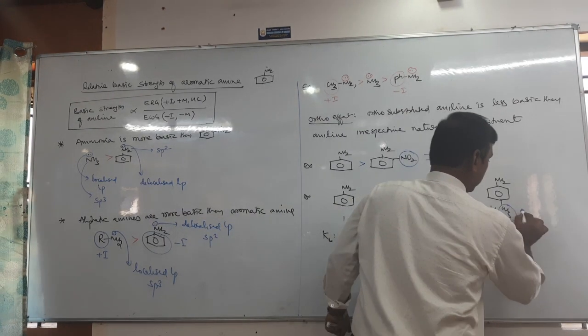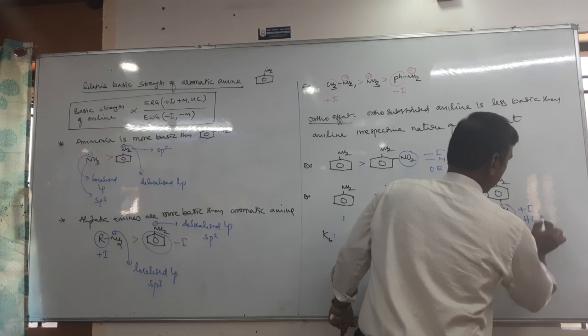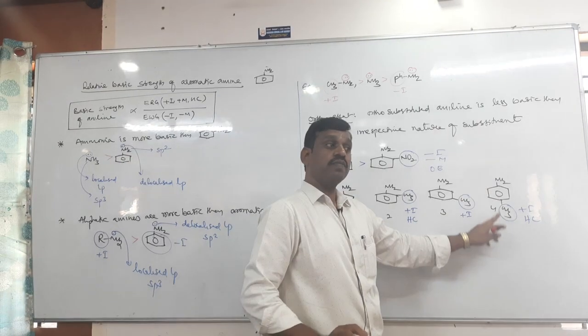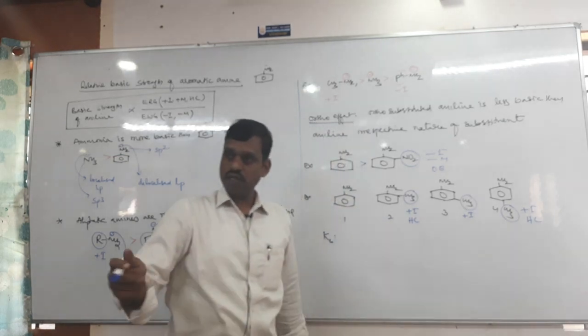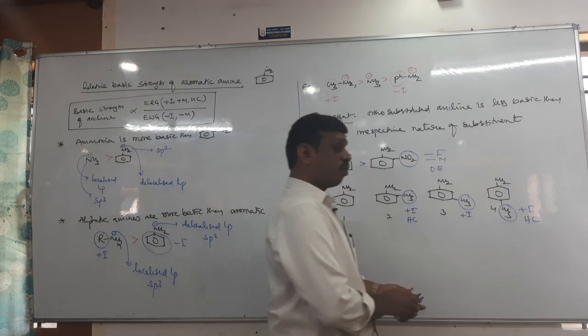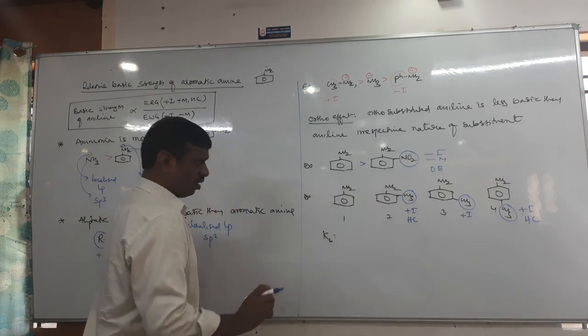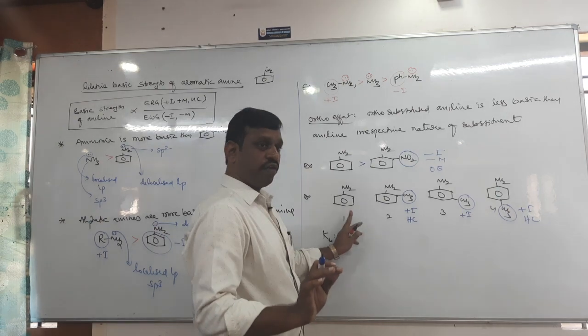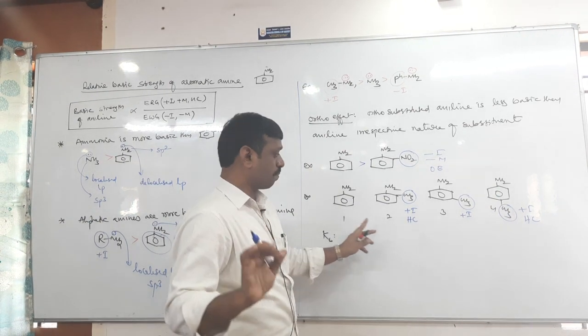Next, 4: plus I and hyperconjugation, because from the para position hyperconjugation will be there. Tell me now which is more basic. See, in the first case there is no electron releasing.